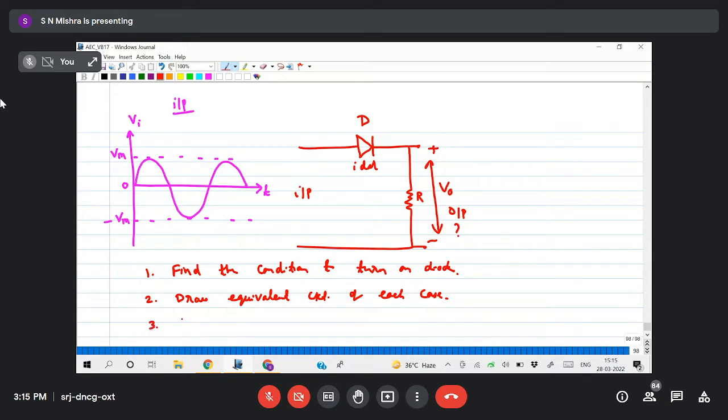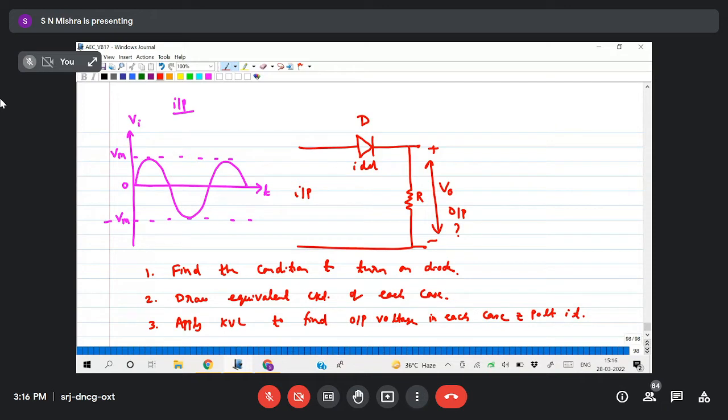Third one, apply KVL to find the output voltage in each case and plot it. So these three steps are very critical.